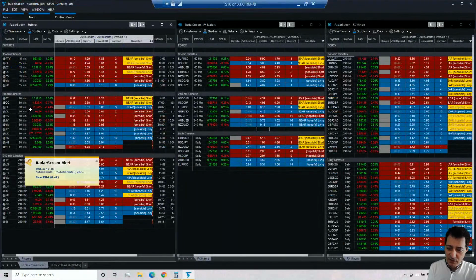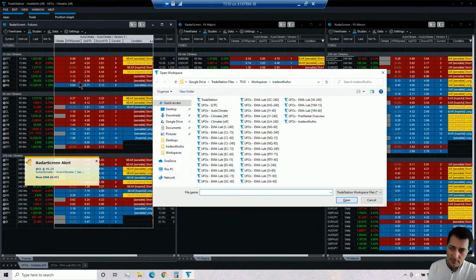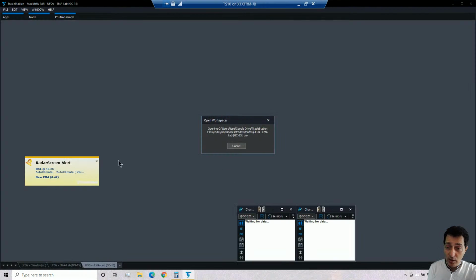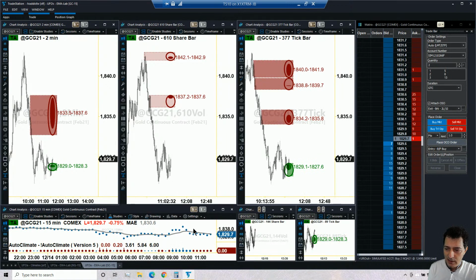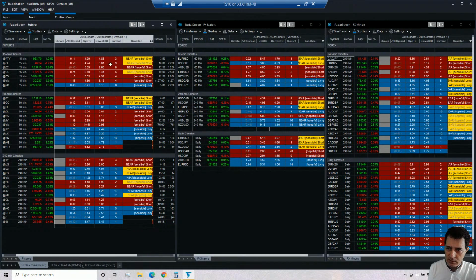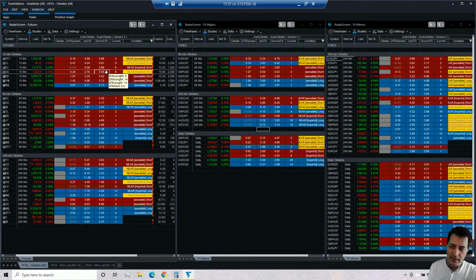So in other words, if I was to load gold, which we have already seen, but since there are no other opportunities so far at this moment, I'm going to take my time to explain it. Again, notice there is a little bit of a difference: 584 with gold on the chart versus 561. Sorry, that's crude oil. Where are you? Gold here, 544 here with gold. So there is a little bit of a difference.